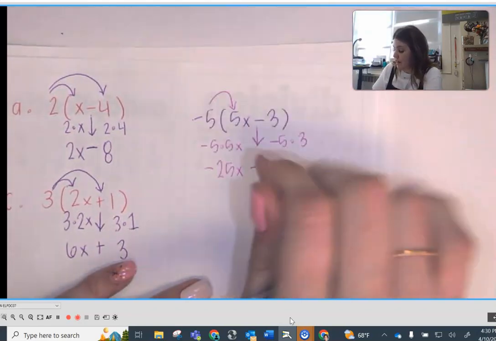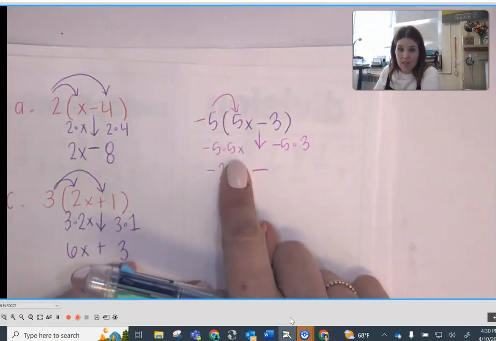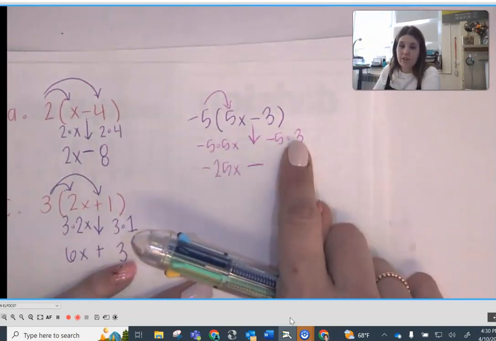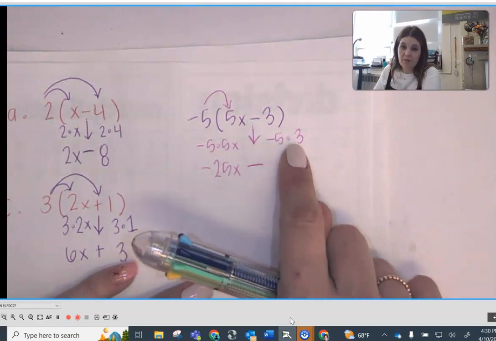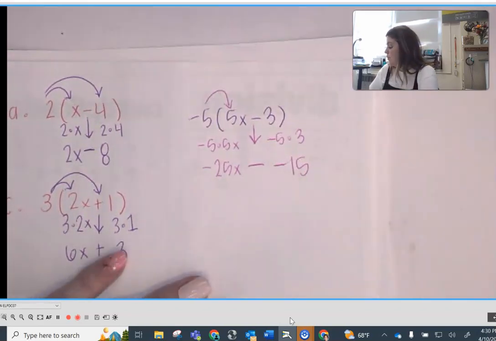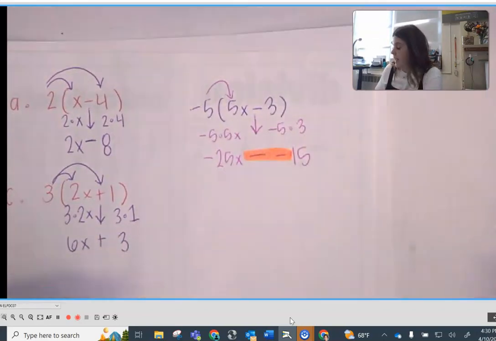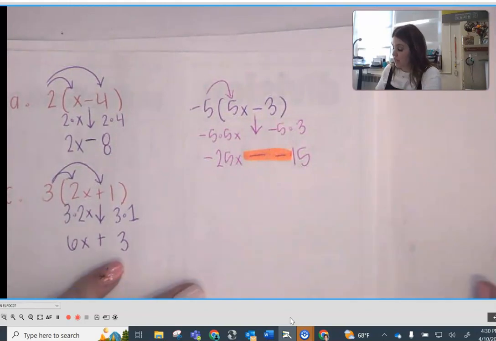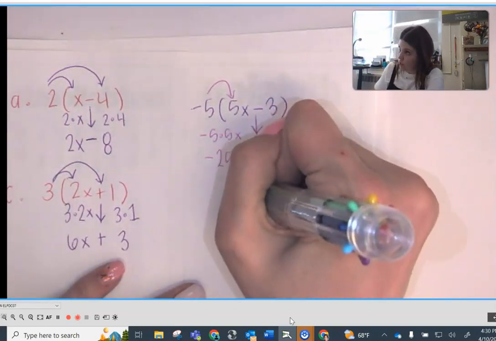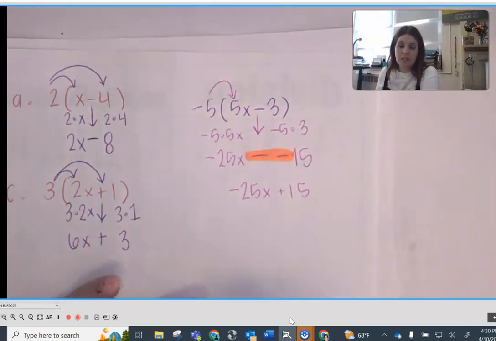In my calculator, I would just type in negative 5 times 5, keep the x. Then negative 5 times 3 is negative 15. And what happens here is you get this double negative. So then this turns into negative 25x plus 15.